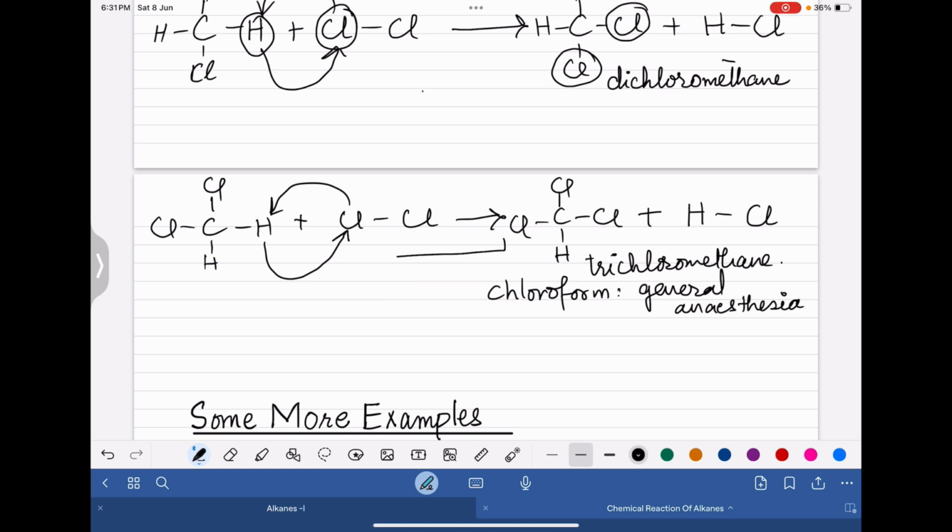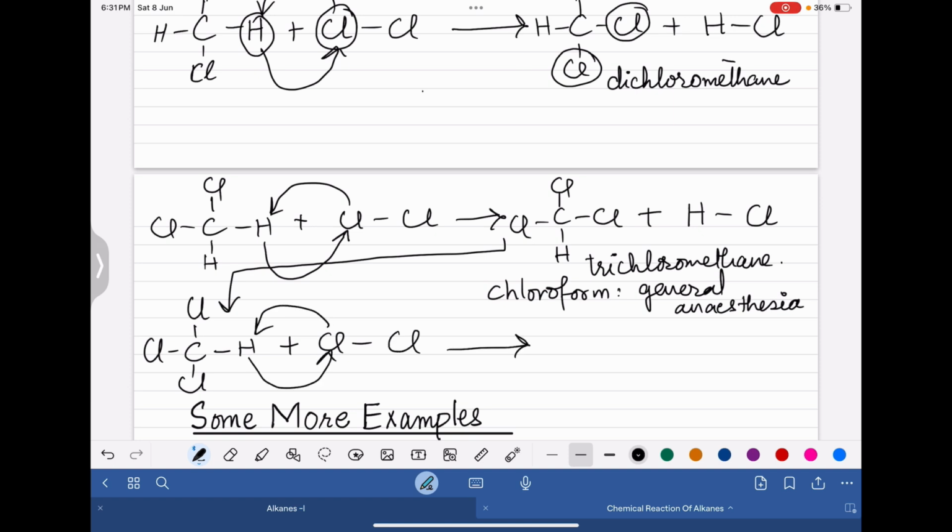In the last step, chloroform will be used as the reactant and the last hydrogen atom of methane will be substituted with the chlorine atom. The product formed will be CCl4. Now there will be no hydrogen atom in this product, with hydrogen chloride gas.